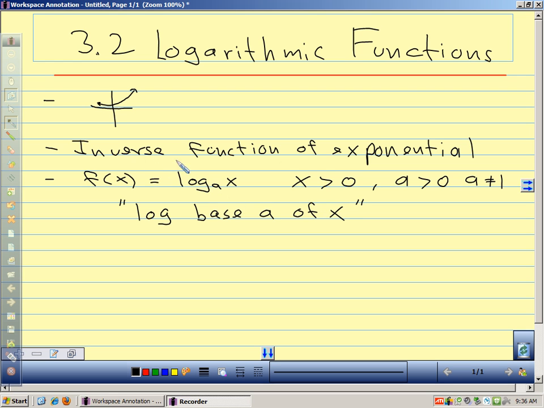And we said that the logarithmic function is the inverse function of the exponential function. So what we're saying is that y is log to the base a of x if and only if a to the y equals x.